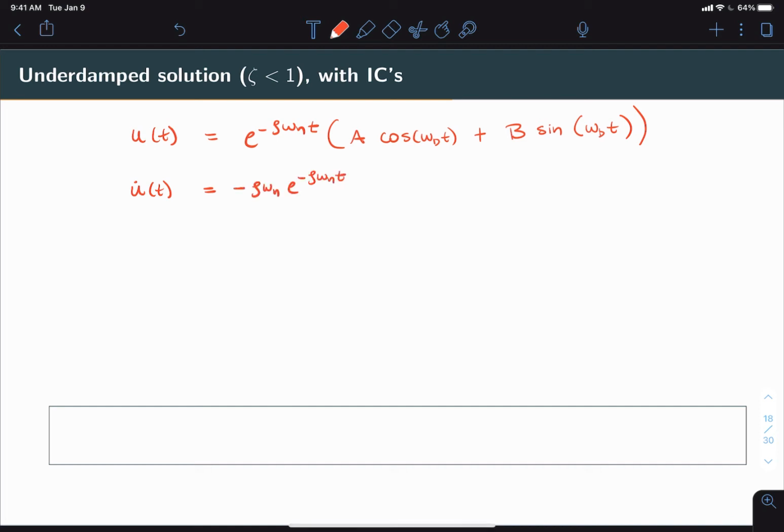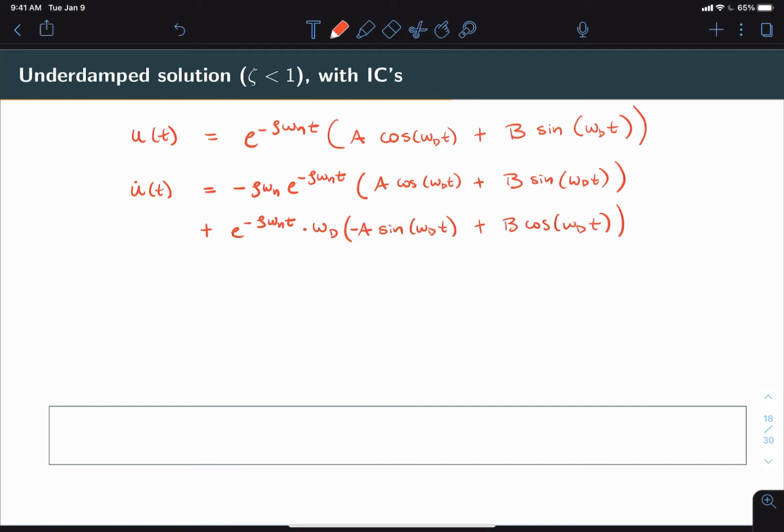So we have the derivative of the first function times the second function plus the first function times the derivative of the second function. That's all we need. So now we plug in 0 to get a in terms of our initial displacement. Cosine of 0 is 1.